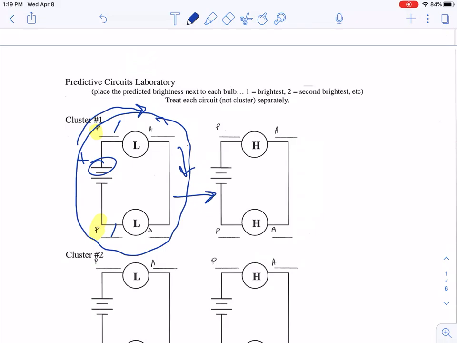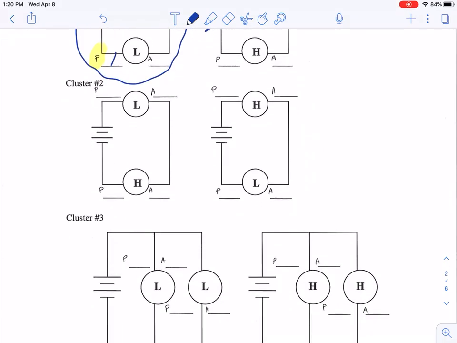Now, y'all are doing this on your own. I can't verify that you actually predicted it, but in the spirit of the lab, that's what I wanted to have happen, where you would make these predictions and then build the circuits to see what's going to take place. So that's why those are there. Please work with it in the spirit of the lab.